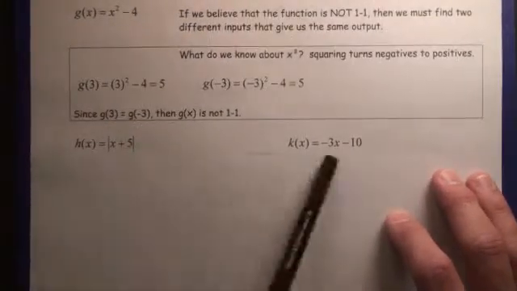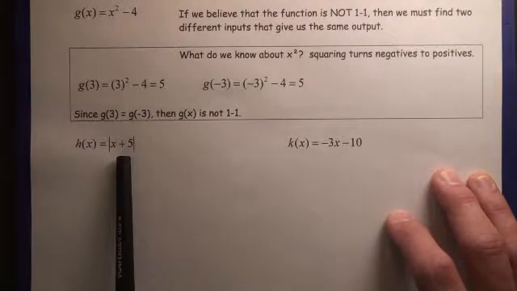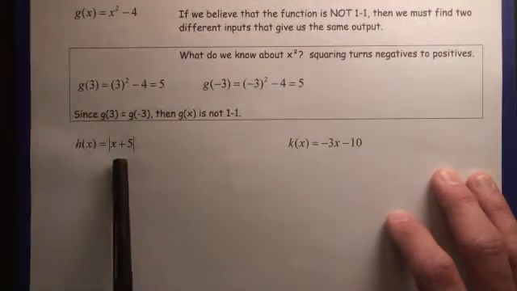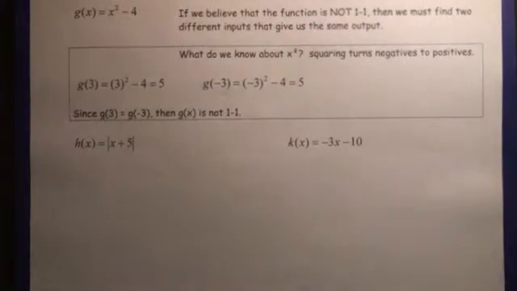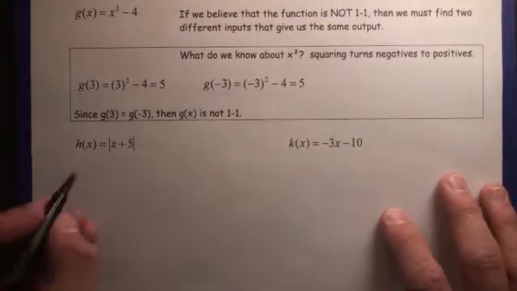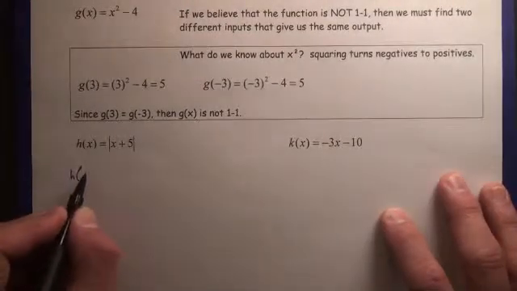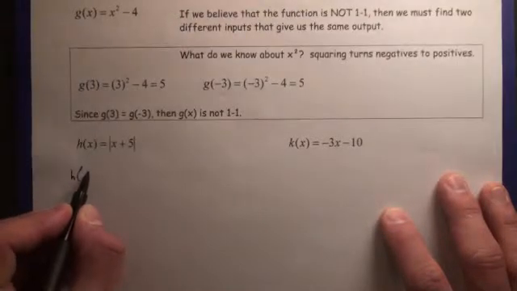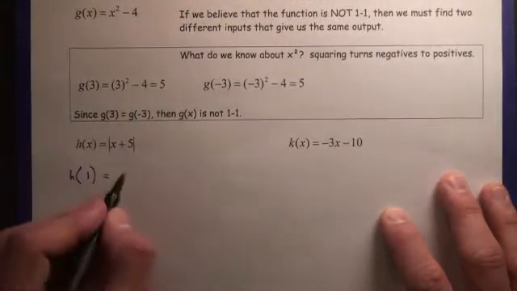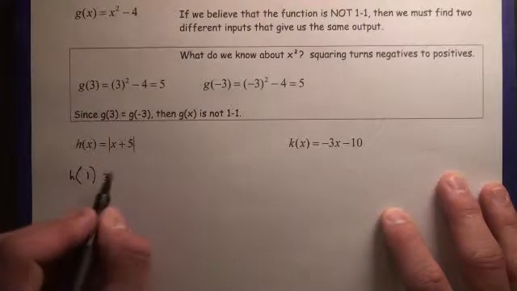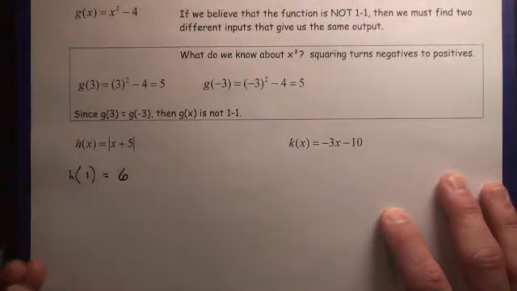Okay? So let's take a look at these two. We have an absolute value, and we have a linear equation. Well, the absolute value, what do we know about absolute values? It turns negatives to positives. So think about this. What is h of 1? Well, that's going to end up being 1 plus 5, which is 6, and the absolute value of 6 is 6.